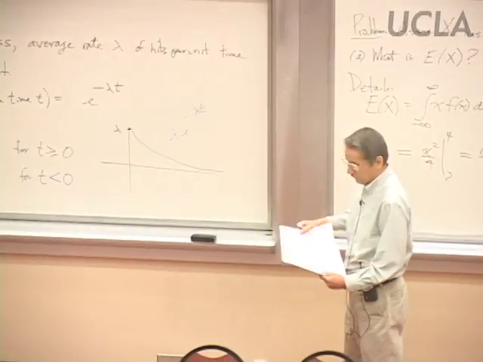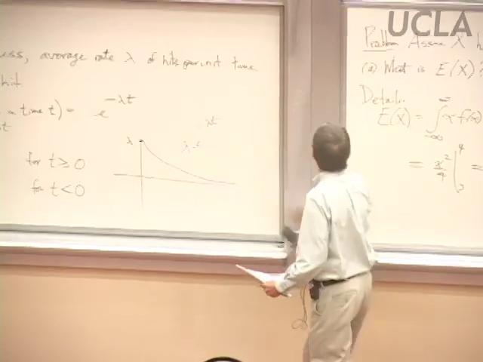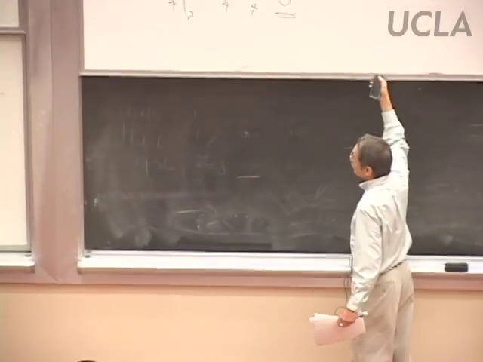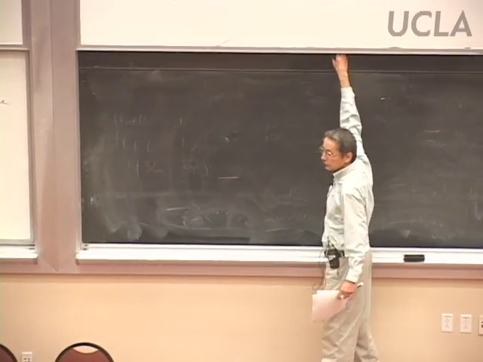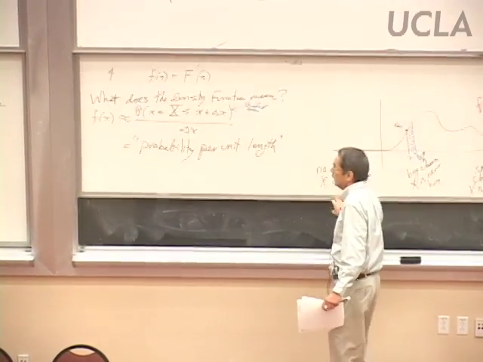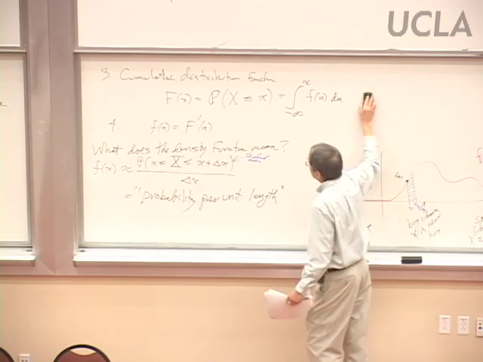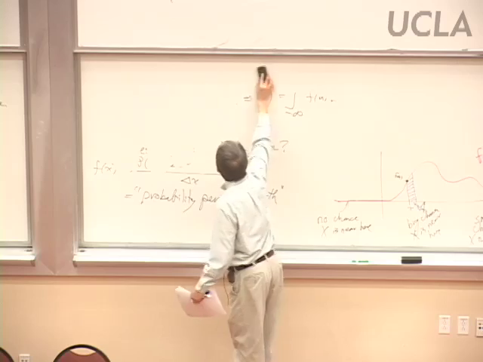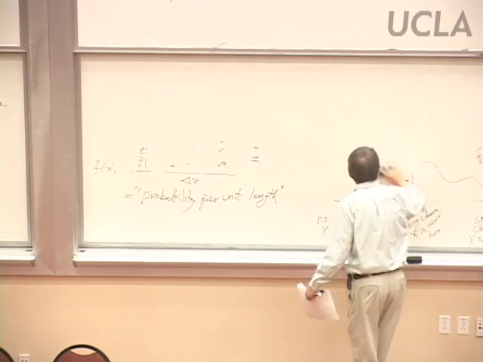Now, in general, any random variable that has a density function like this is said to be exponentially distributed. Well, so let me write that down.